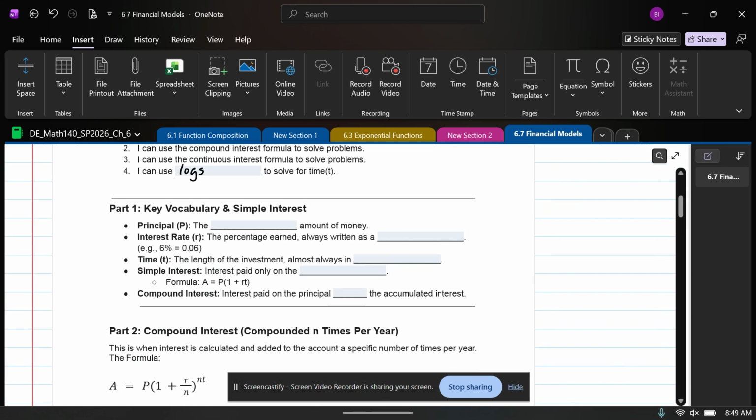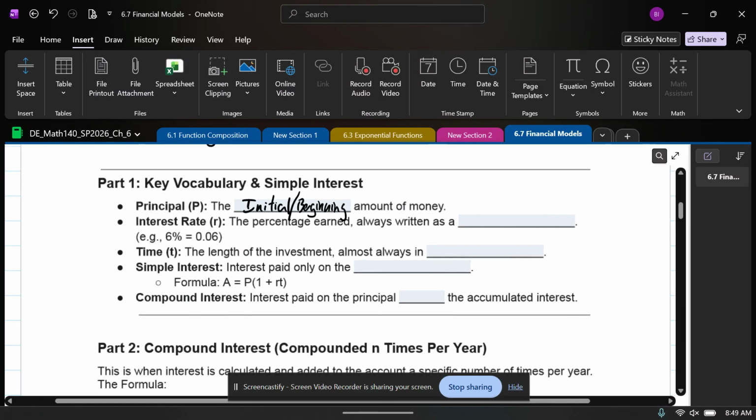So when we're dealing with a financial math situation, we have a principal, which is the initial or beginning amount of money. Okay, so initial or beginning amount of money.